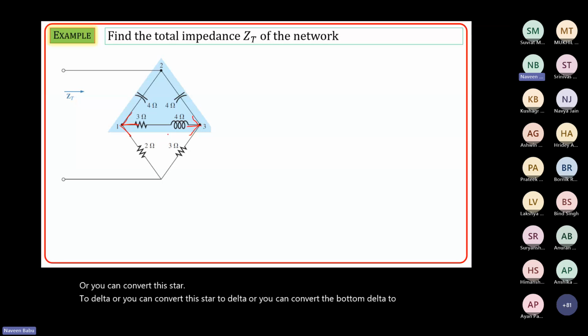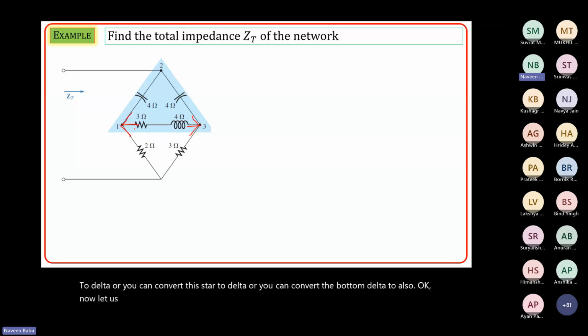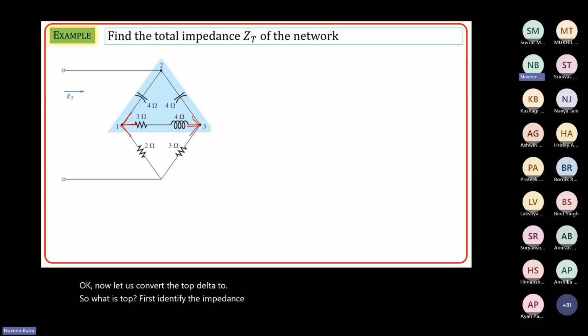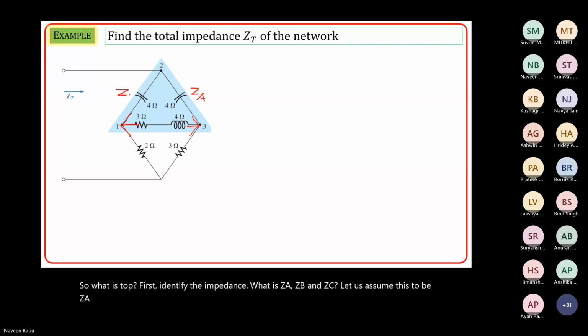Now let us convert the top delta to star. First identify the impedances. What is ZA, ZB and ZC? Let us assume this to be ZA, this to be ZB and this to be ZC.